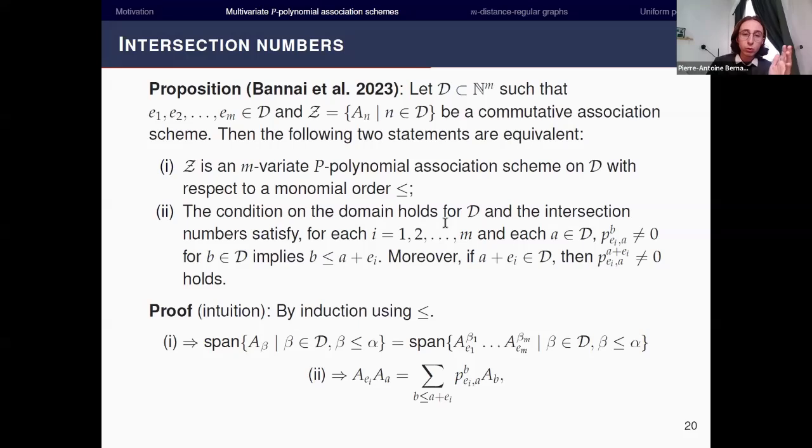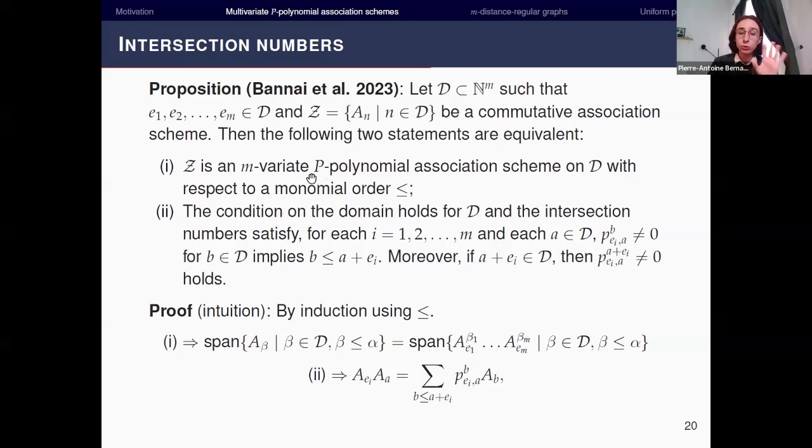And the idea behind the proof, I won't go into the details, but basically, the first statement, that a scheme is P-polynomial, tells us that two vector spaces are the same: the one spanned by the adjacency matrices labeled by beta, and the vector space generated by the monomials labeled by beta. So basically, the first statement tells us that these two things are equivalent.